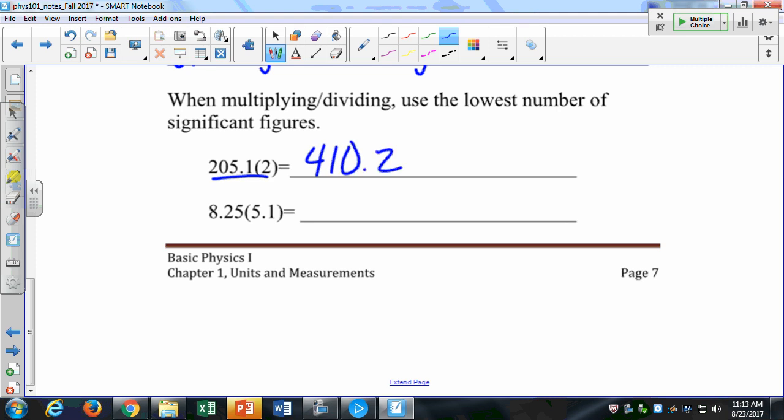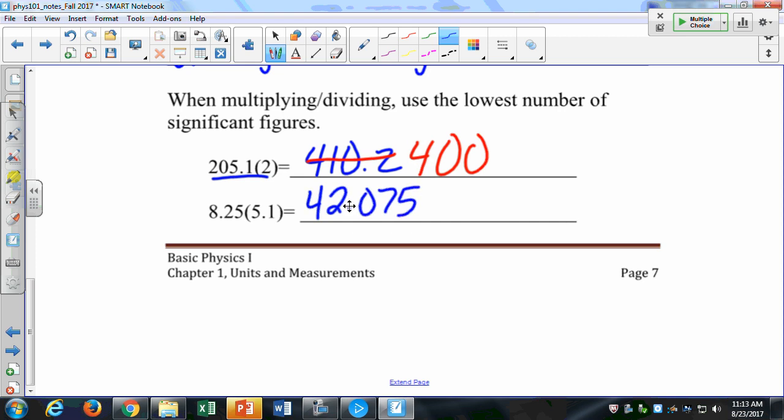However, when I'm multiplying or dividing numbers, I want to keep the lowest number of significant figures. So here I have 4 significant figures, and here I only have 1 significant figure. So really the correct way to write this number would not be 410.2, it would be what? 400 is right. And here if I do this value, 8.25 times 5.1, I get 42.075.